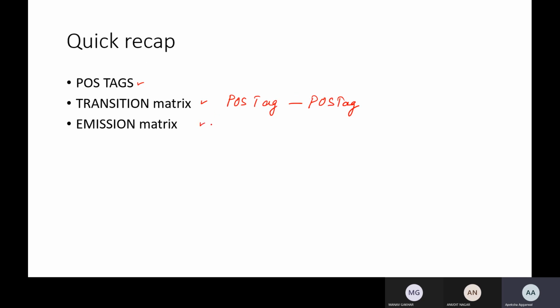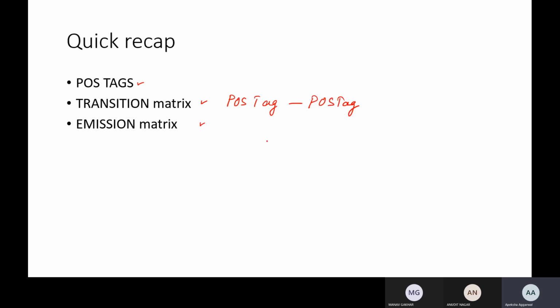So this gives me the probability of moving from one state to another, basically between states in a transition graph. Then we have the emission matrix, which gives us the probability that a word occurs in a part of speech tag. For example, a few words occur in two or more part of speech tags. So we have to decide which one has the higher probability, and we select that one. I had given the example of bank. It can be a noun or it can be used as a verb.